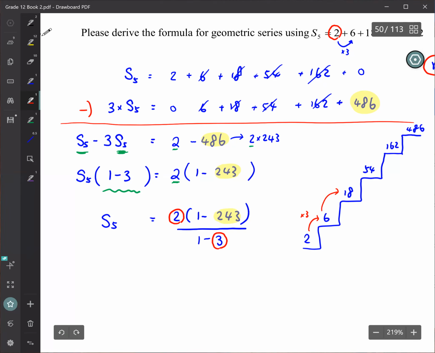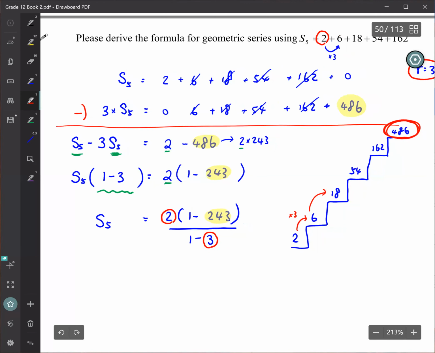So if I want to get to 486, how many times do I need to multiply by 3? Anybody? Count the stairs. How many times? 5. 5 times, okay? Let's count. 1, 2, 3, 4, 5, right?